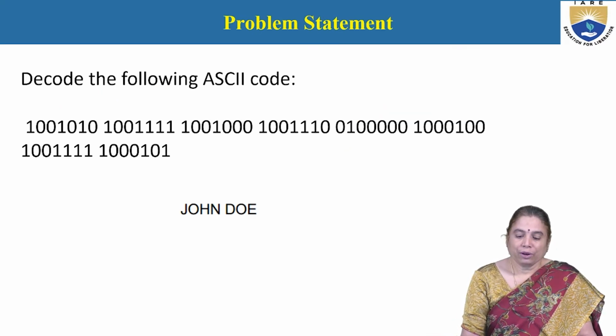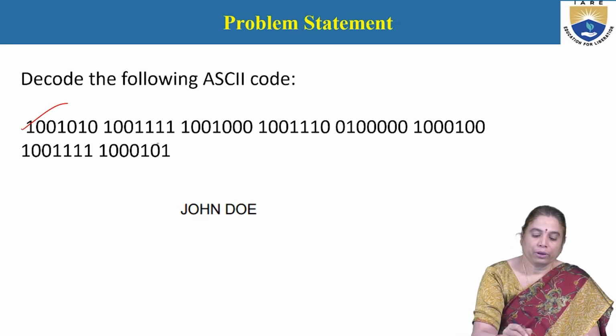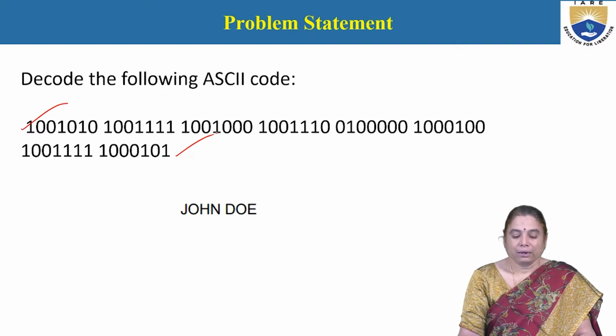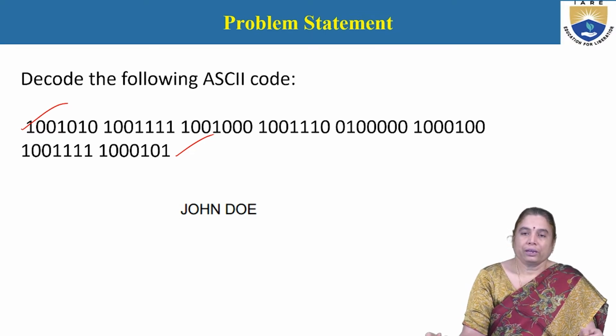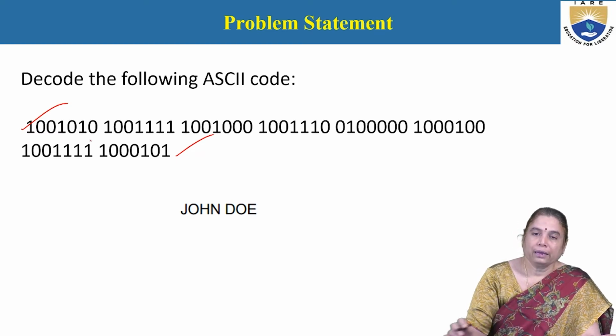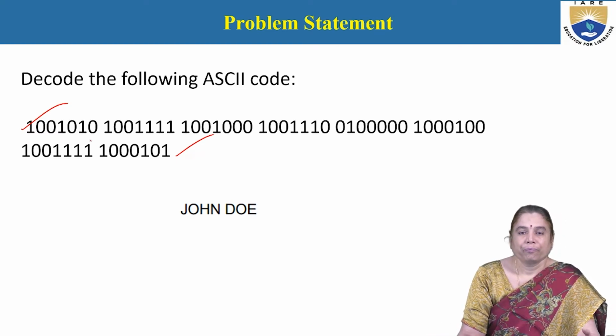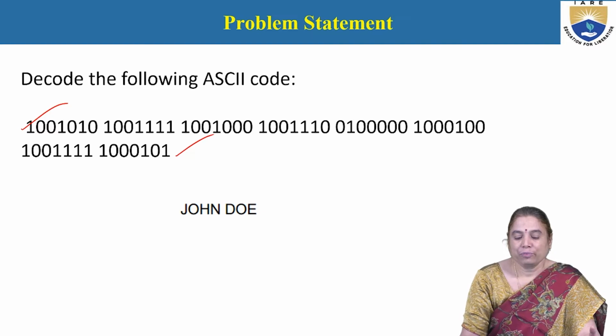Next, decode the following ASCII code. Here the binary code is given. What is the ASCII code for this? For each 8-bit code, a specific letter has to be assigned in the ASCII code. ASCII is the American Standard Code for Information Interchange. 255 characters can be represented.